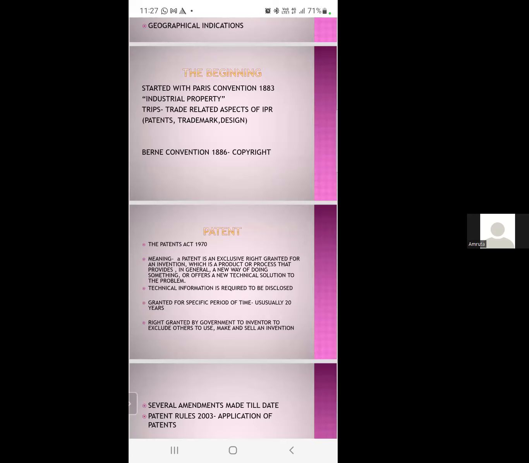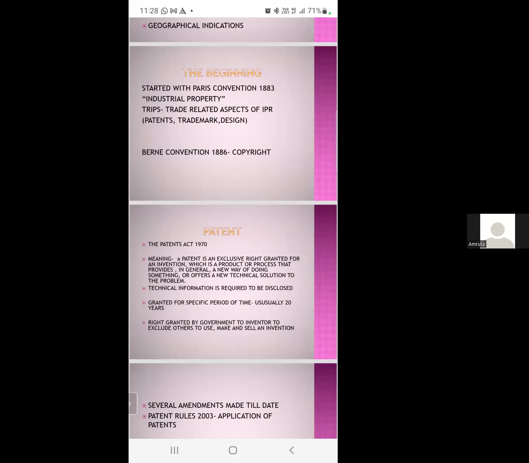In patent, if you want to protect your product or process, you need to disclose the technical information, the unique and distinctive information of your product, to the authority to which you are applying. So basically, you cannot keep your product or process secret.